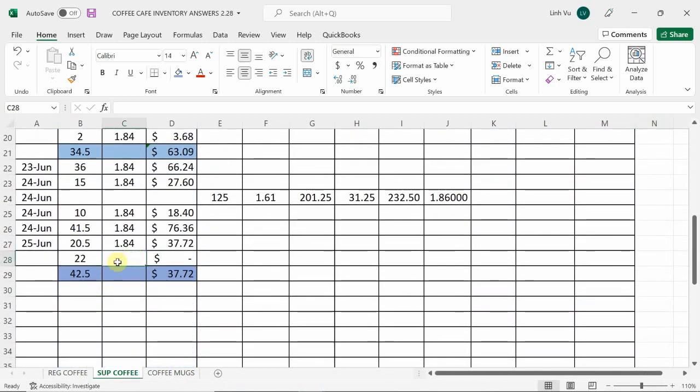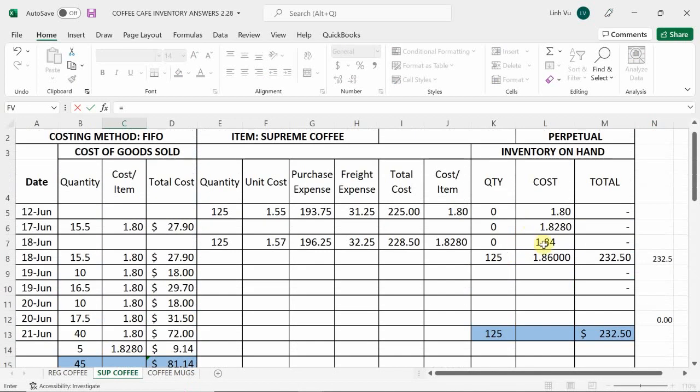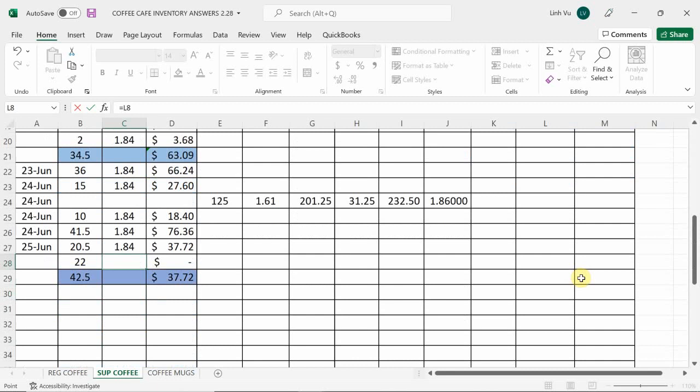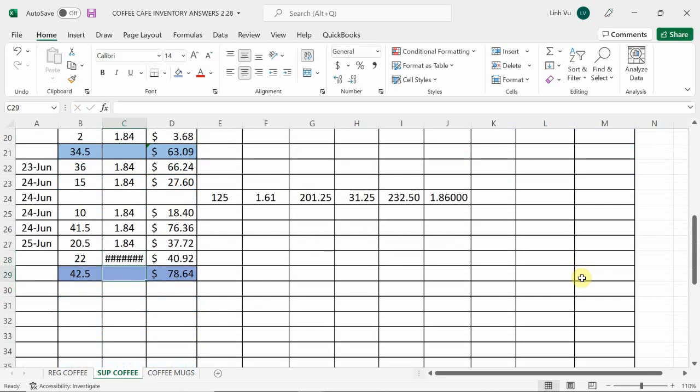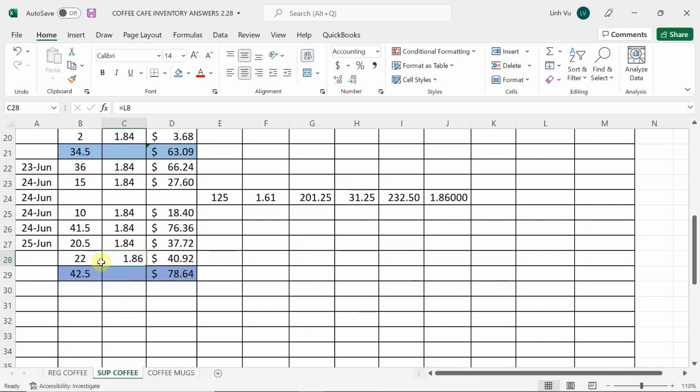So that means I need to calculate what 22 pounds is at $1.86, and I get $40.92.